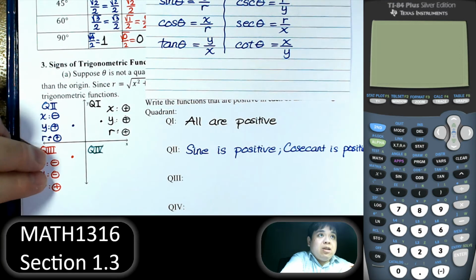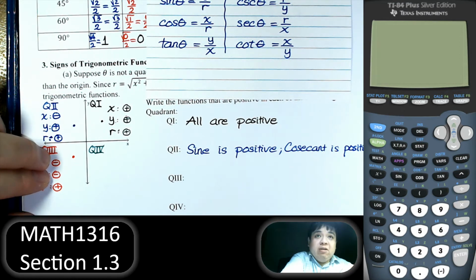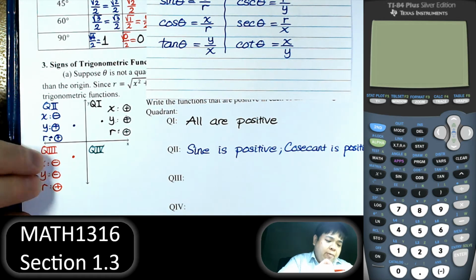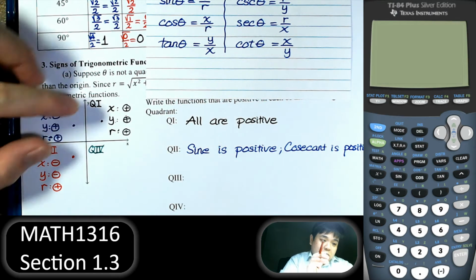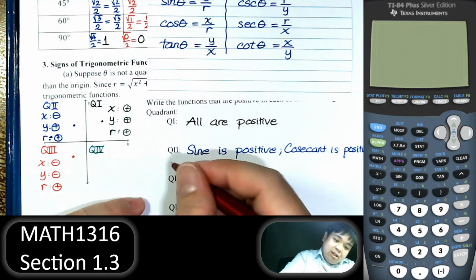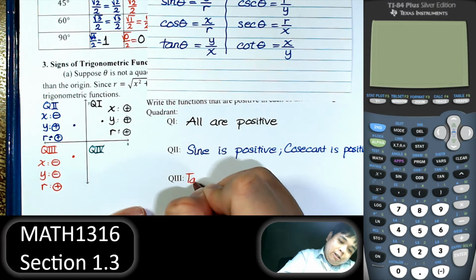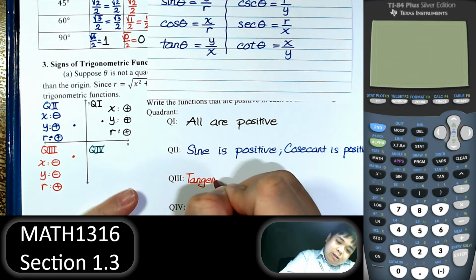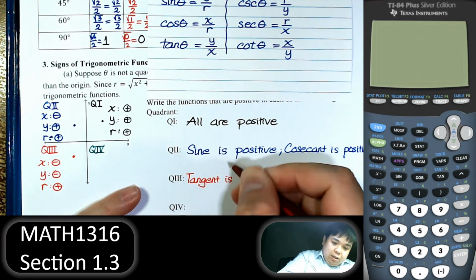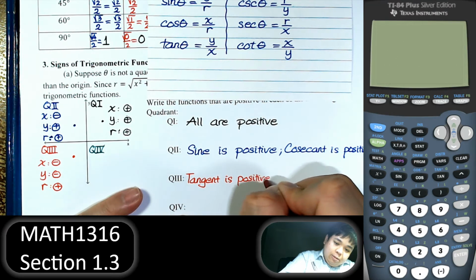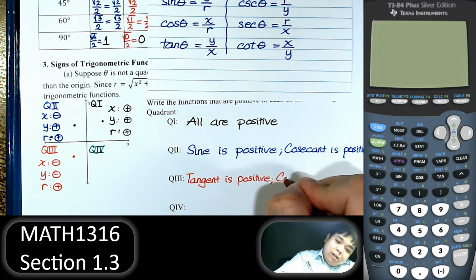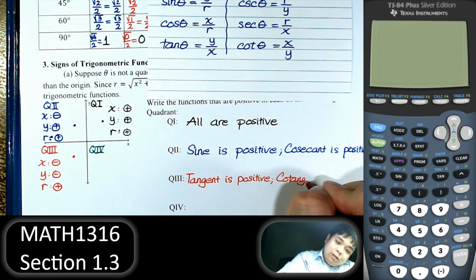If they have the same sign, like both of them being negative, negative divided by negative is positive. So we choose the ratio that has y and x in it, that will be positive. So y and x, those are tangent. So tangent is positive. Cotangent is also positive.